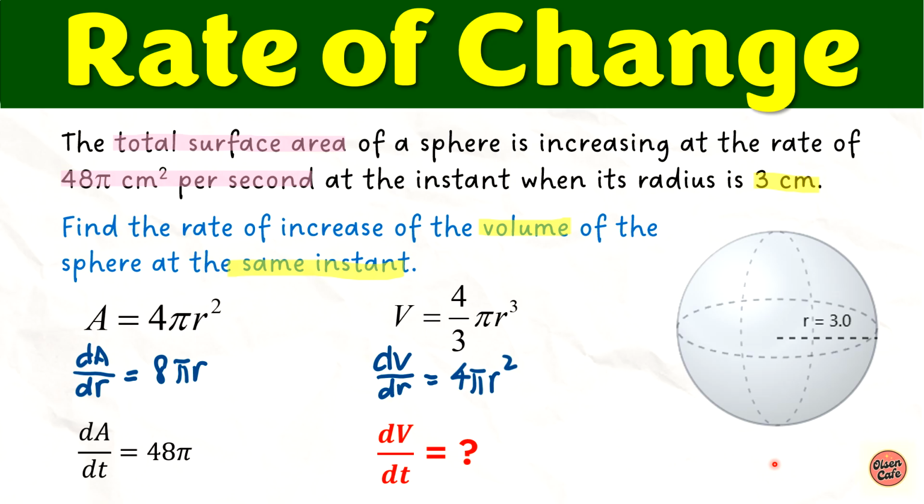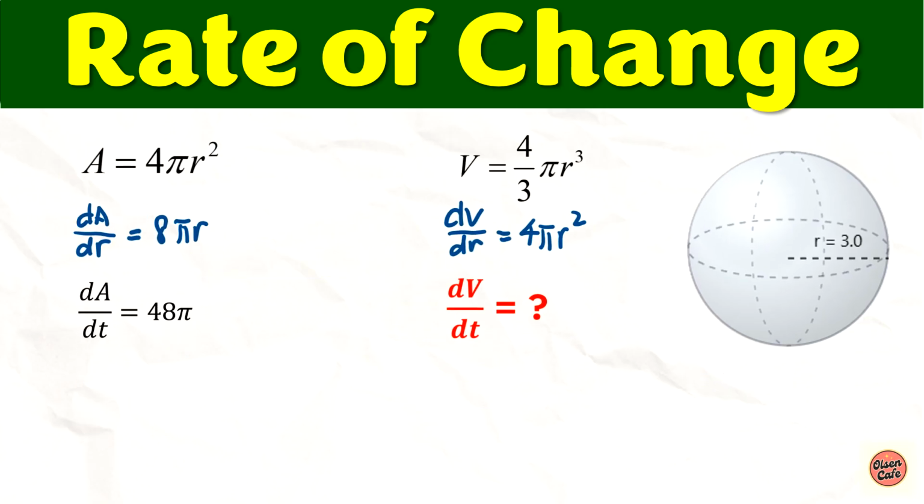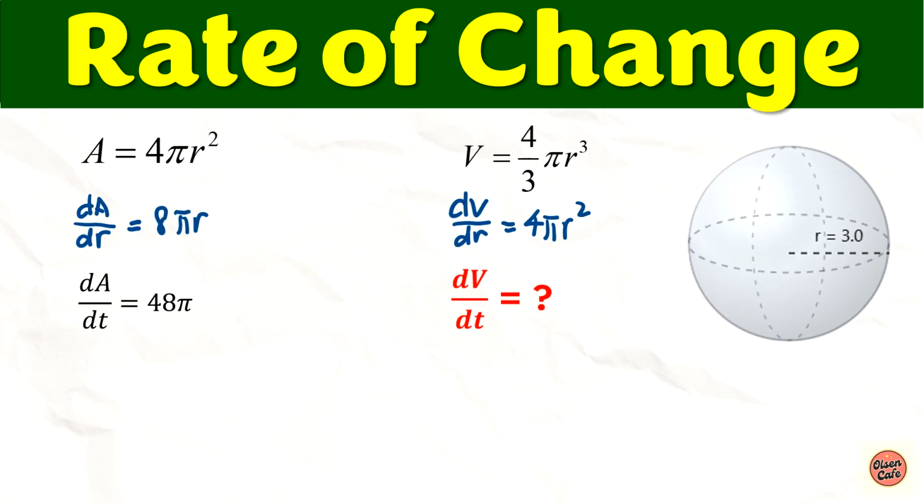So how are we going about finding dV/dt? Let's work on it. Now that we have all the information, what I am going to do is write out the chain rule involving the rate of change.